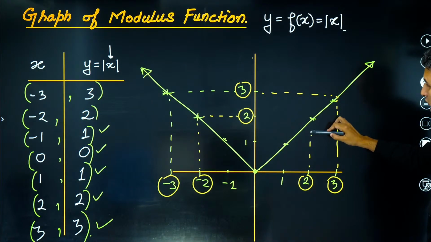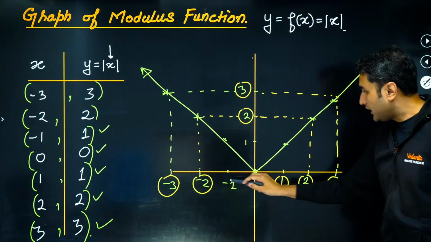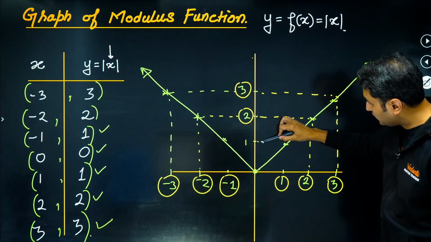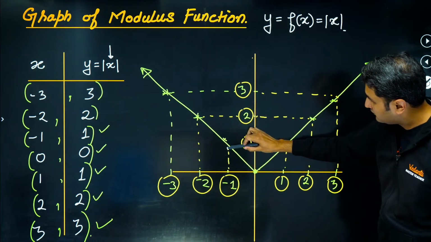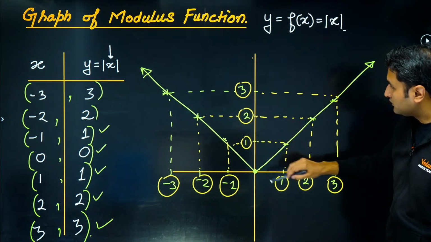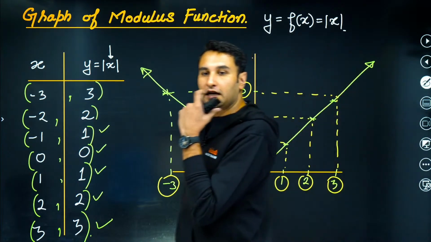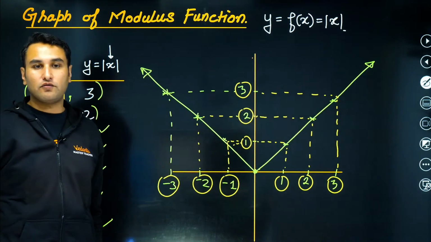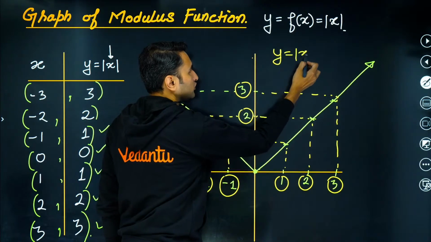They both give the value of y as 2. 1 and minus 1, when both enter the ashram of Baba, they both come out becoming positive 1. Agree? So this is the graph of y is equal to modulus of x.